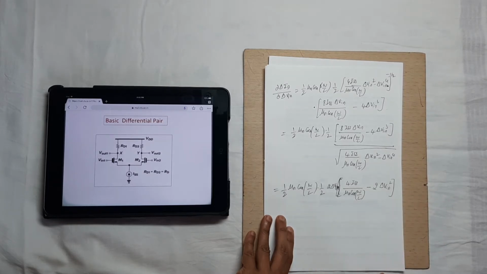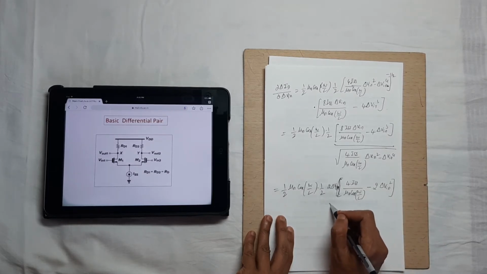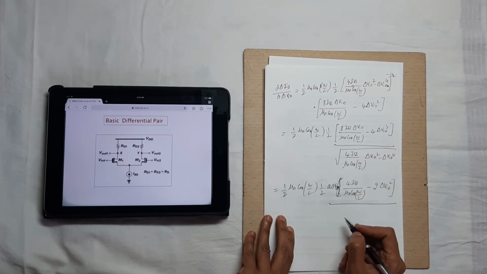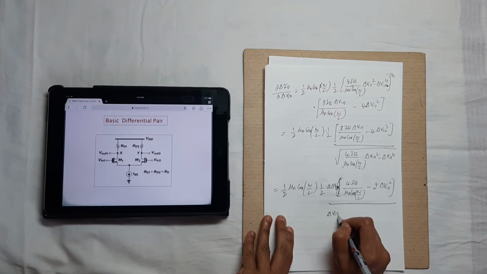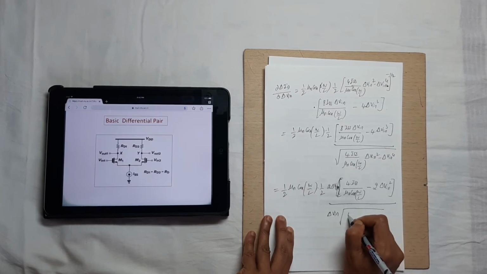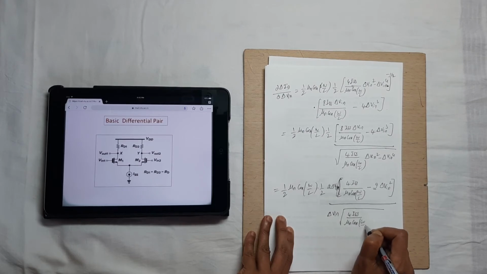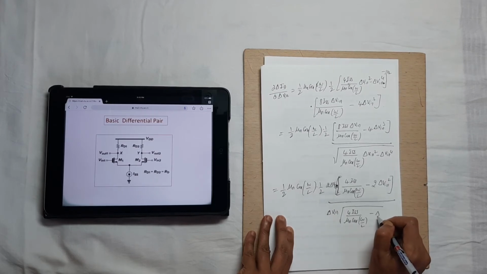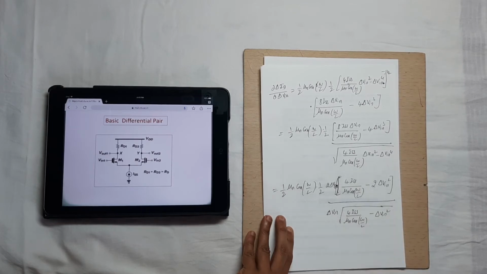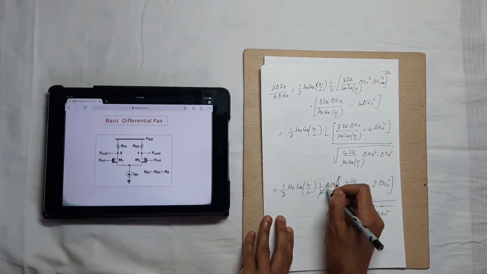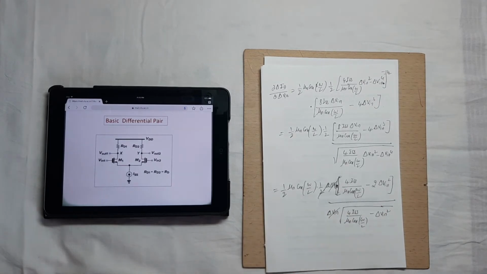Take 2 times delta Vin outside, that's all, divided by, here also we can take delta Vin outside. Therefore, delta Vin square root of 4 ISS divided by mu n Cox W by L minus delta Vin square. This delta Vin and this delta Vin will cancel out. Now that equation has to be simplified.